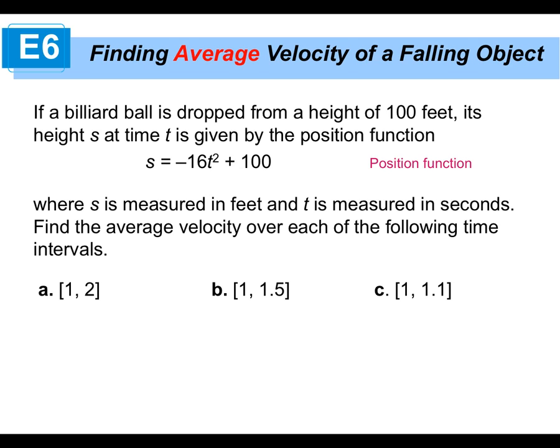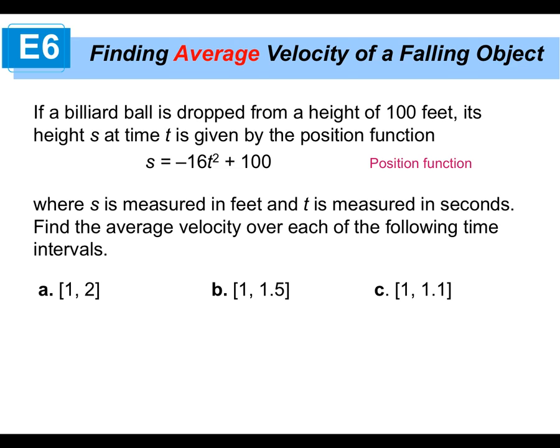Okay, so you drop the ball. You're 100 feet up in the air, you drop the ball. After a second, how far is the ball off the ground? Dante? 84 feet. Good. At 2 seconds, how high is the ball off the ground? 36 feet. Good. Okay.